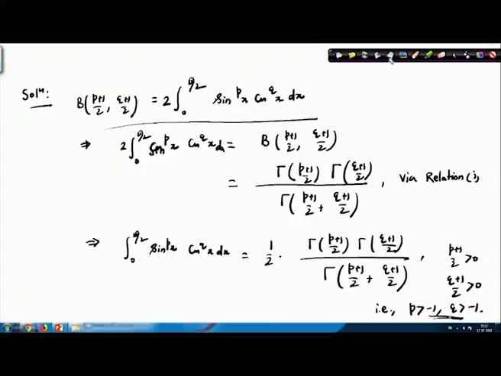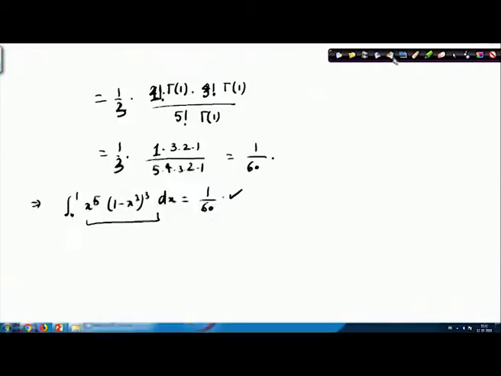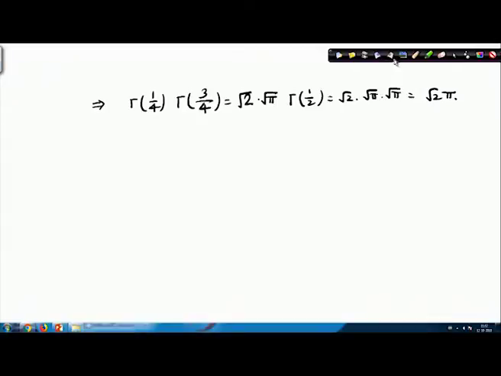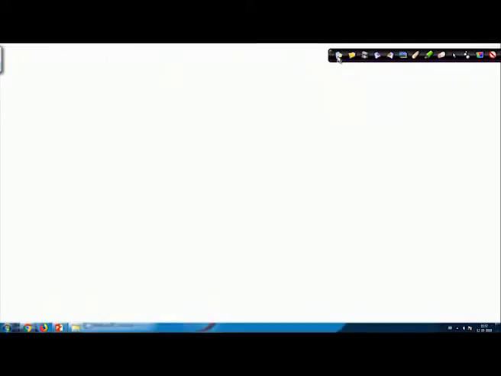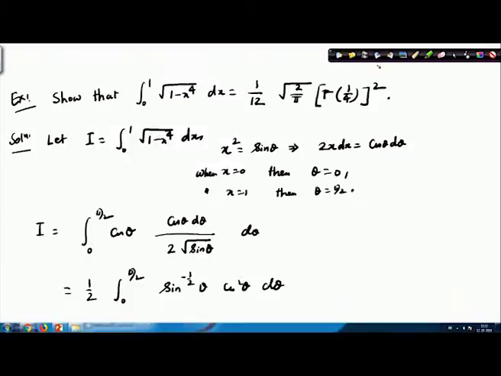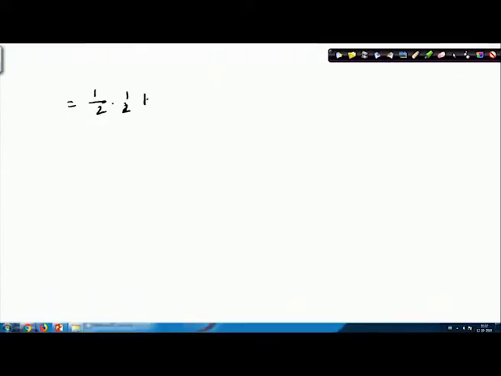Then this whole thing will reduce to half times another half, beta of 2 plus 1 by 2 and minus half plus 1 by 2.